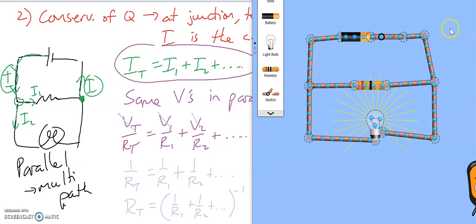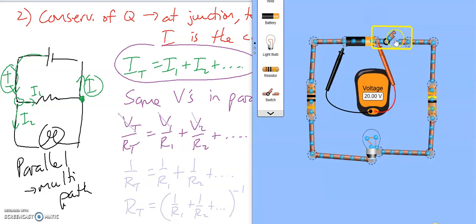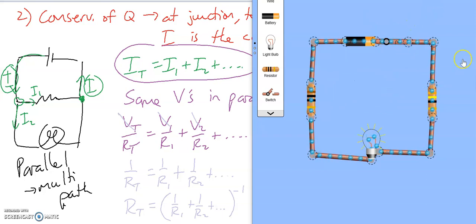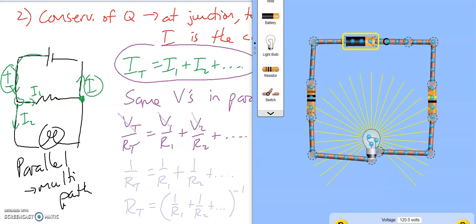My favorite analogy for this is shopping. Let's go back to the other circuit over here. In this circuit, get rid of that voltmeter, basically this little cell is giving you money, money in terms of electricity. Let's crank up the voltage here. Let's say it's giving you 120 volts to spend.